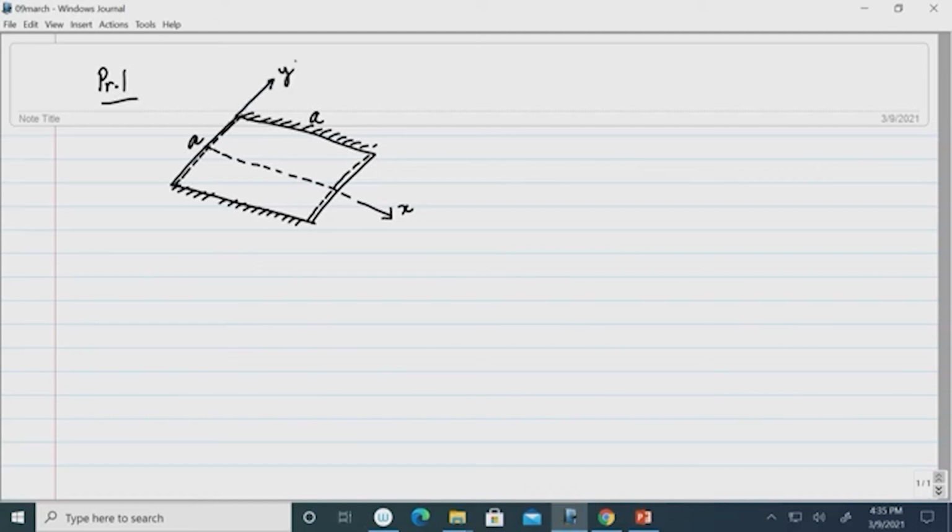The plate is loaded sinusoidally, that means if I see the variation along x axis, the variation is sinusoidal, the amplitude is q naught. Then if I see the variation along y axis, again it is sinusoidal.